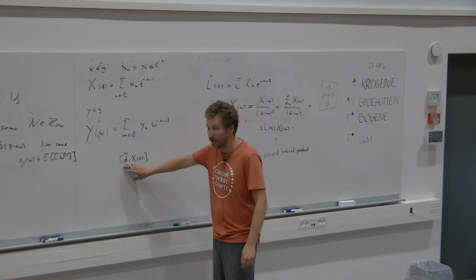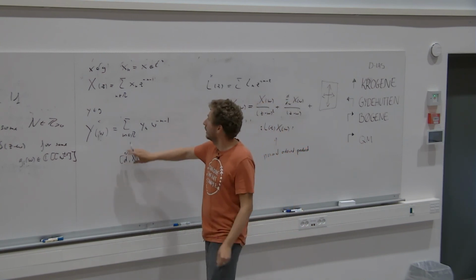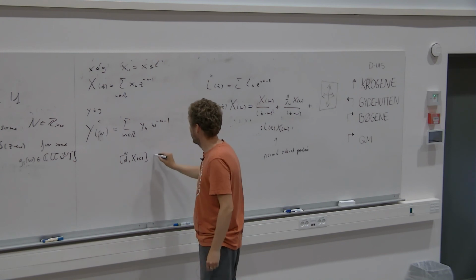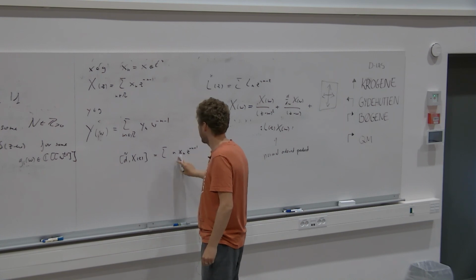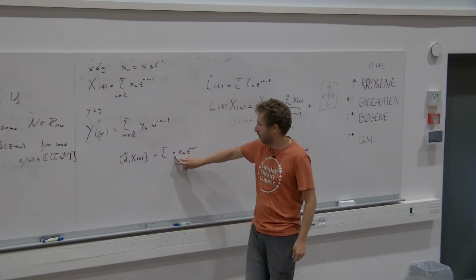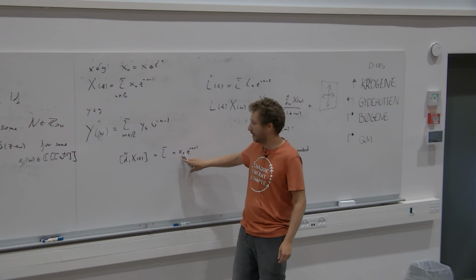That's the derivation of the Lie algebra. Its commutator with xn is n times xn.